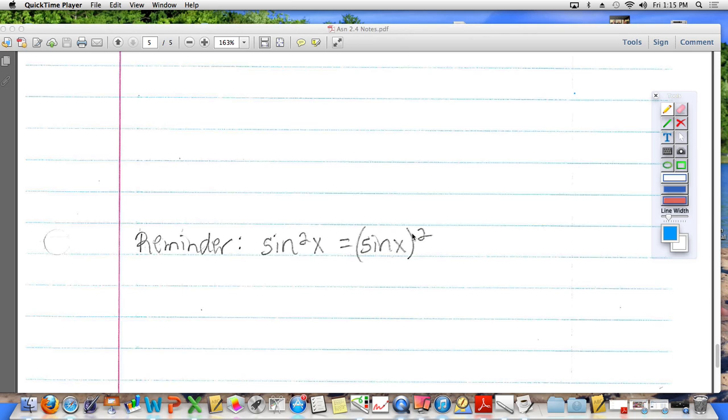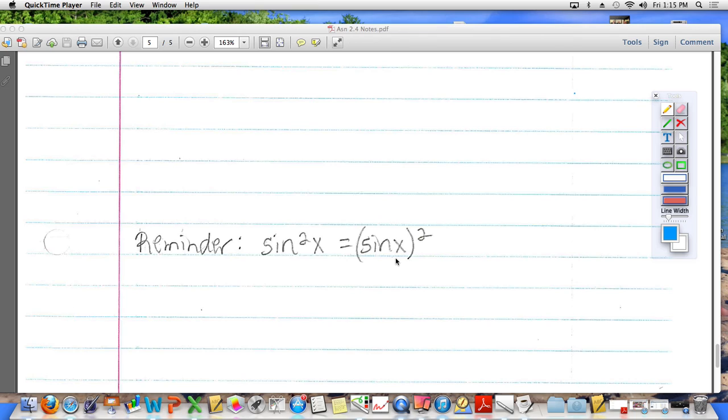When you are finding the derivative, what are you going to call u in such a situation? You're going to call u the sine of x. And then what's the derivative? We're going to call u the sine of x, and what's the derivative of u then?